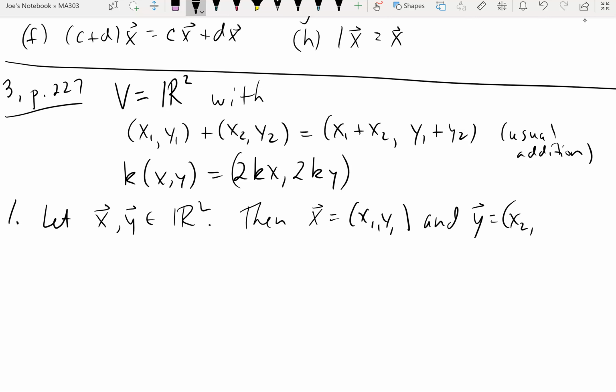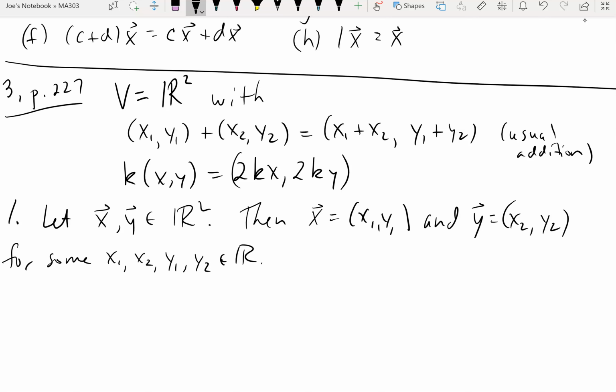If you prefer to use U's and V's, I know the book uses U's and V's. My handwriting is bad, so my U's and my V's look the same. That's why I'm using a different letter. So x is equal to x1, y1, and y is equal to x2, y2 for some x1, x2, y1, y2 in R. All I'm doing is just saying that each of the components are real numbers.